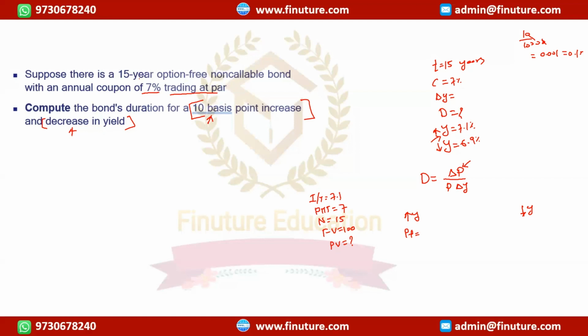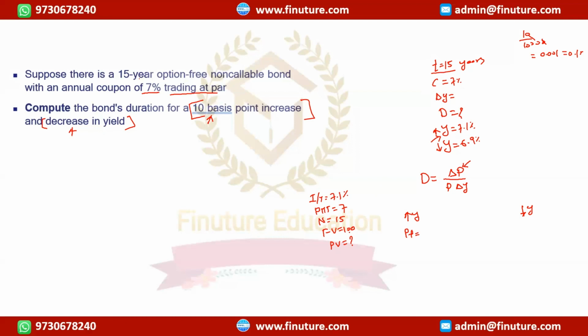At maturity, you are going to get your face value, nothing else. Currently it's trading at par, but eventually, irrespective of market interest rate, on maturity you will get your 100 back. That's a base definition of the bond. Let's say it's 15 years, and at the 15th year, you are going to get only 100.